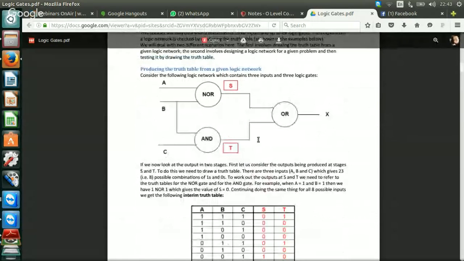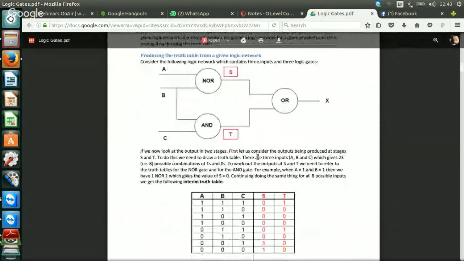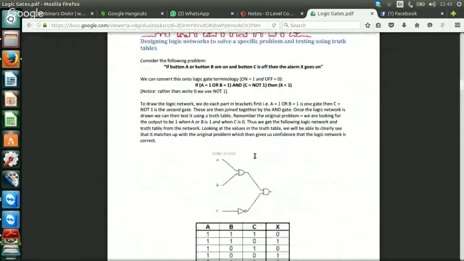First, how to draw the logic circuit out of the equation, but also, if the logic circuit is given to you, how to write down the equation, vice versa, and then how to verify your circuit with the help of the truth table. Basically, this is the practical application of the logic circuit.